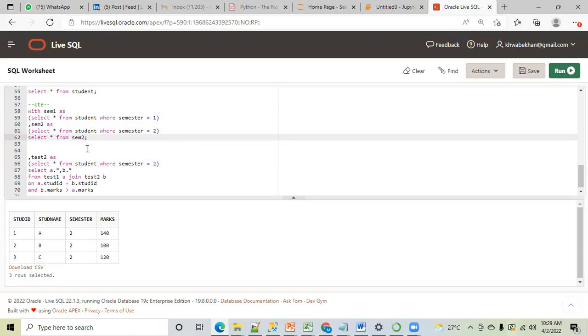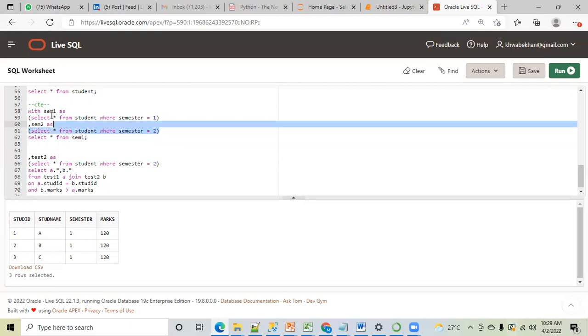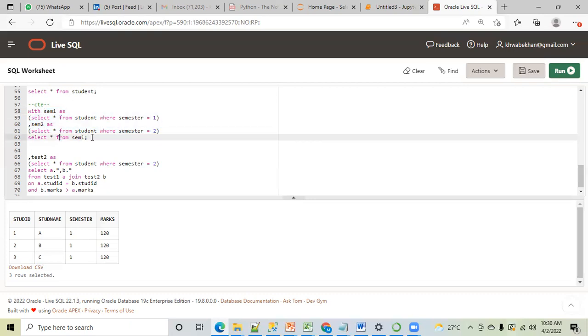If I write SEM1 and SEM1 table has data of semester 1, you will get semester 1 only. That doesn't depend on how many temporary tables you have created. SQL engine will show you only the temporary table data you ask for.